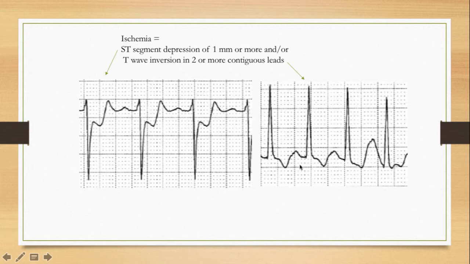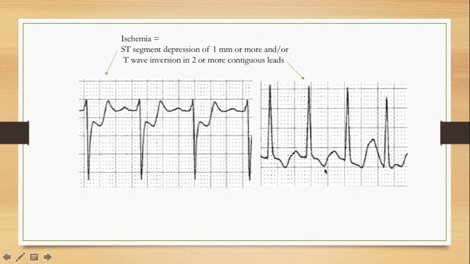And if the T wave is inverted in more than 2 contiguous leads, then we also say it is ischemia. So it doesn't have to be both depression and T wave inversion in order for us to call ischemia. It can be one or the other, ST segment depression or T wave inversion. So that's how we call ischemia.